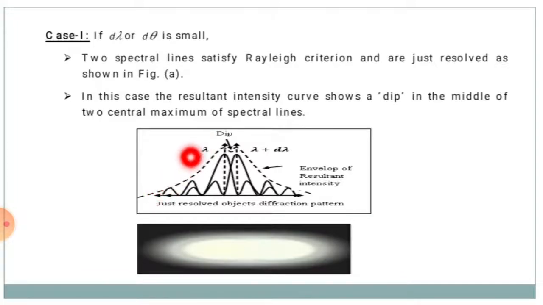So, these two spectral lines satisfy Rayleigh's criterion. Hence, these two spectral lines are seen as separate.